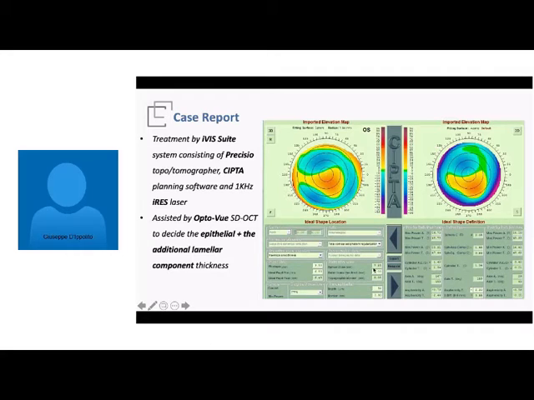So as you could see in this plan, I went for an optical zone of 7.25. Why? Not because I wanted to get some excellent undisturbed vision, but because I needed that to get deep enough.